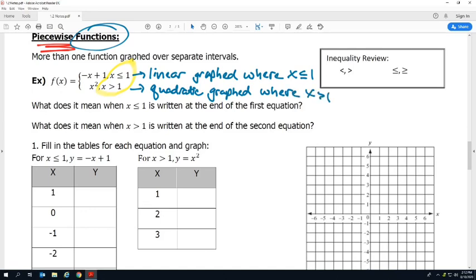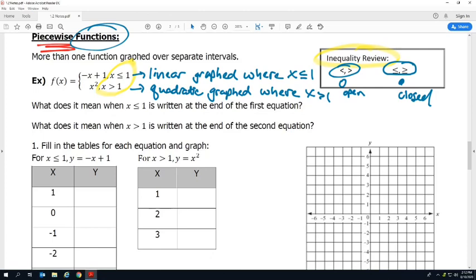Okay, we also want to make sure you remember your inequalities. So when you're graphing an inequality and it has just the less than or greater than, like these right here, you use an open circle. When it has the less than or equal to or the greater than or equal to, you use the closed circle. Okay, so this first question says, what does it mean when x is less than or equal to 1 is written at the end of the first equation?